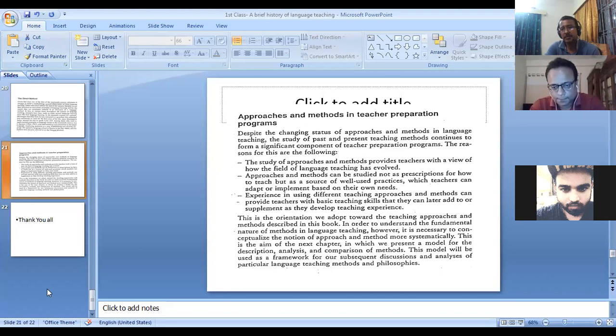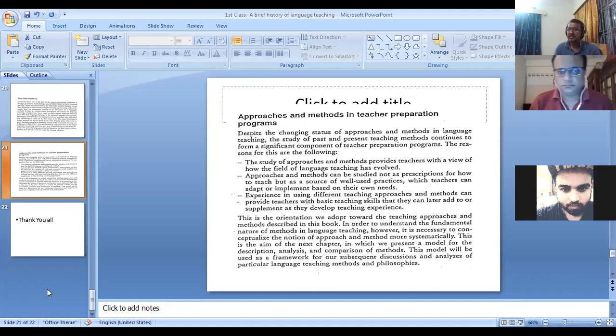And towards the second half of the 20th century, we have seen several approaches and methods: CLT, the direct method, and the natural approaches. Even after the post-method era, we have seen the natural approaches. We have seen several hypotheses by Stephen Krashen, that means language learning and acquisition. So that is, in brief, the history of English language teaching.